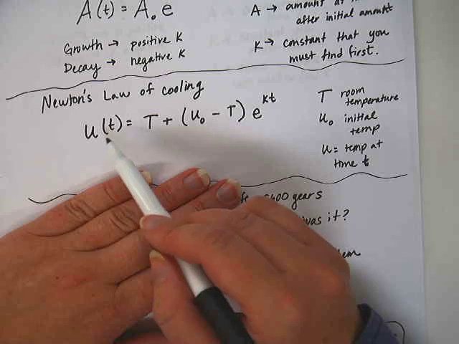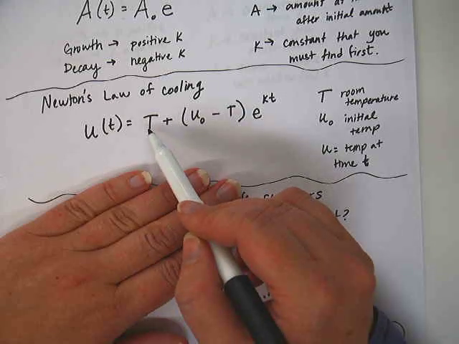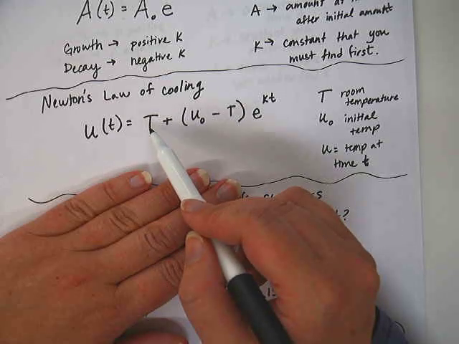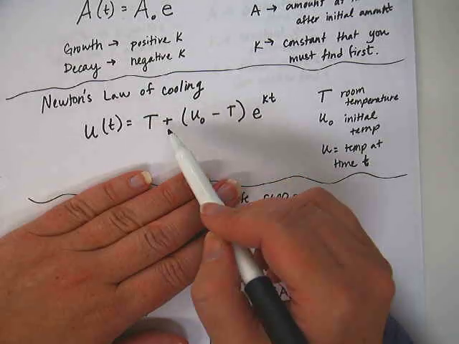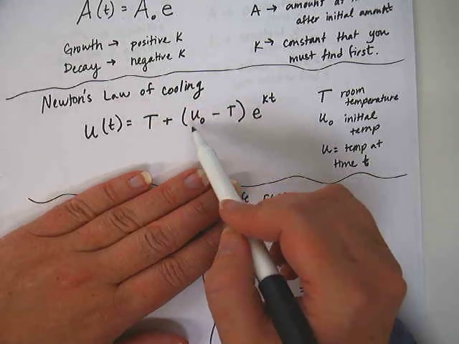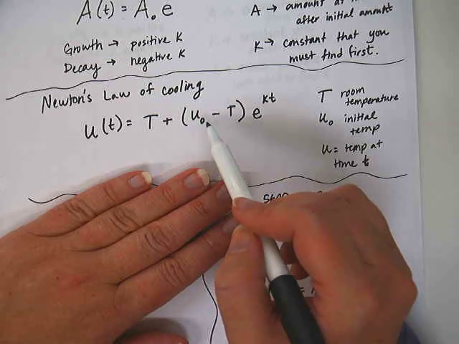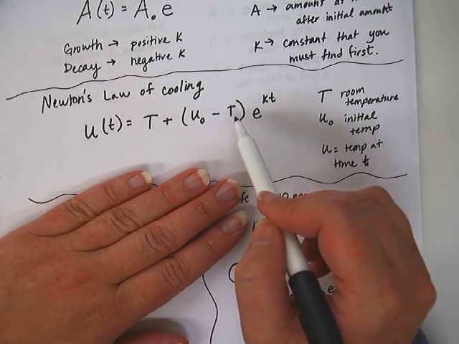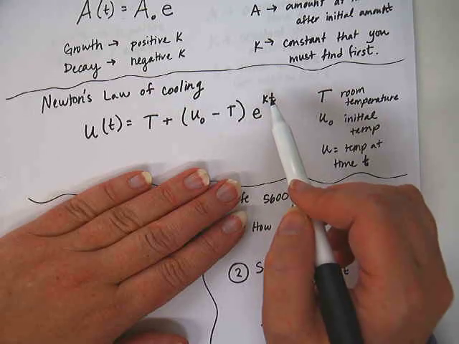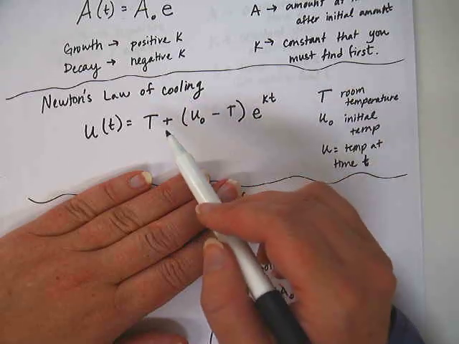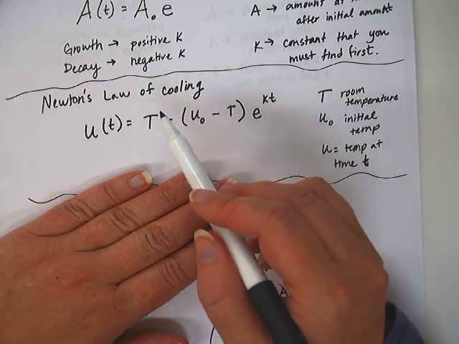Anyway, Newton's law of cooling says that the temperature of something at time t can be found by taking the room temperature, or the temperature of the oven in which the item is being placed, or whatever is causing the temperature to change, plus the initial temperature of the item minus the room temperature times e to the kt power.